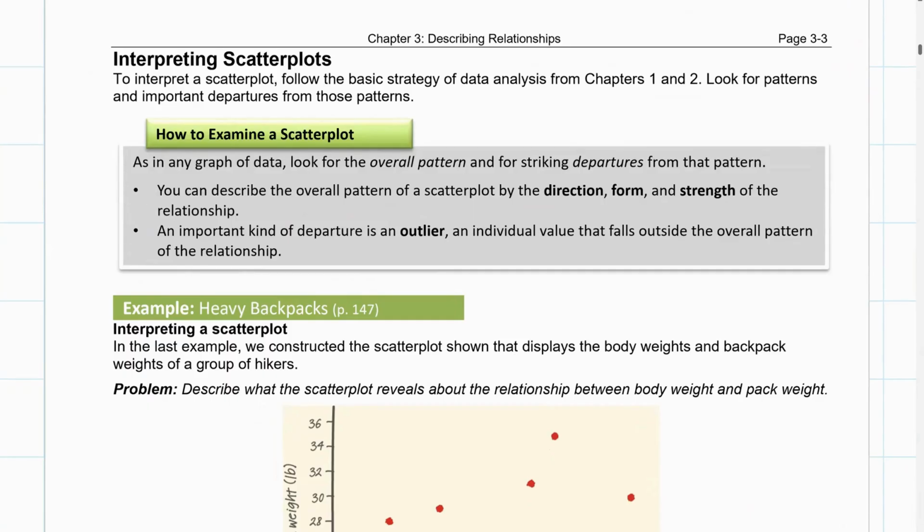So what are we looking for when we're looking at a scatter plot and trying to make sense of it? We're looking for an overall pattern, and that pattern comes in the form of a direction, a form, and a strength. We'll go through what each of those words mean. And then we'll also look for departures of the pattern, so we'll be looking for outliers.